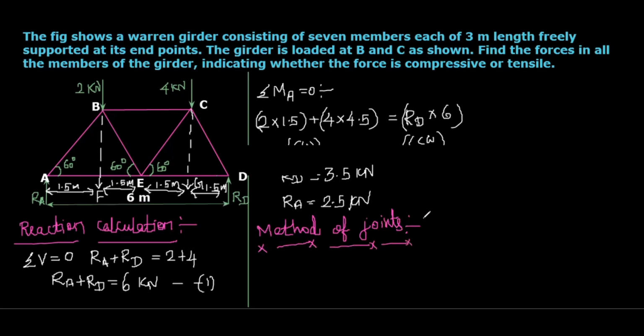In method of joints, we will use the first two principles, summation of horizontal and summation of vertical, that equal to 0.